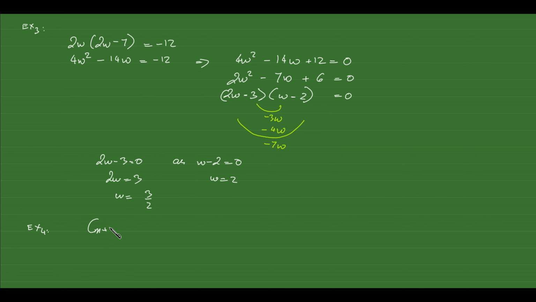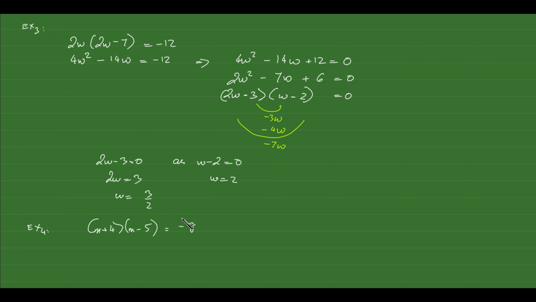What if I have m plus 4 times m minus 5 equals negative 8? Now, if you look at this one, you will see the difference between example 4 and example 3. This one is in the product form already, but the bad thing is that over here it's not equal to 0.